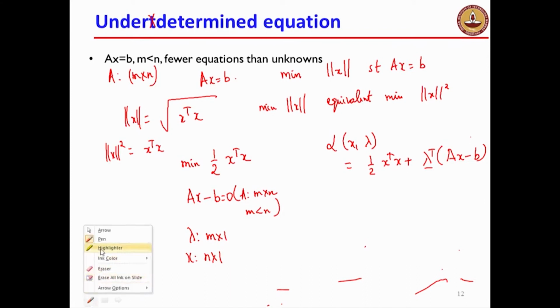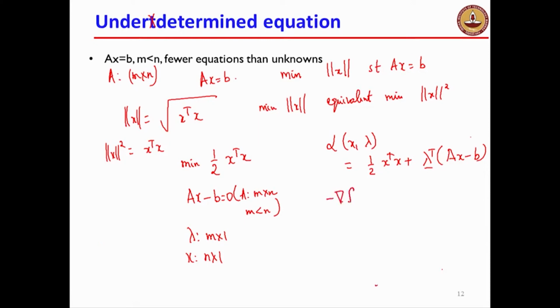Now what is my first order necessary condition? In this case, the first order conditions are both necessary and sufficient for me to solve this. I know that minus grad f, where f is equal to half x transpose x, should be equal to lambda times the gradient of the constraint.